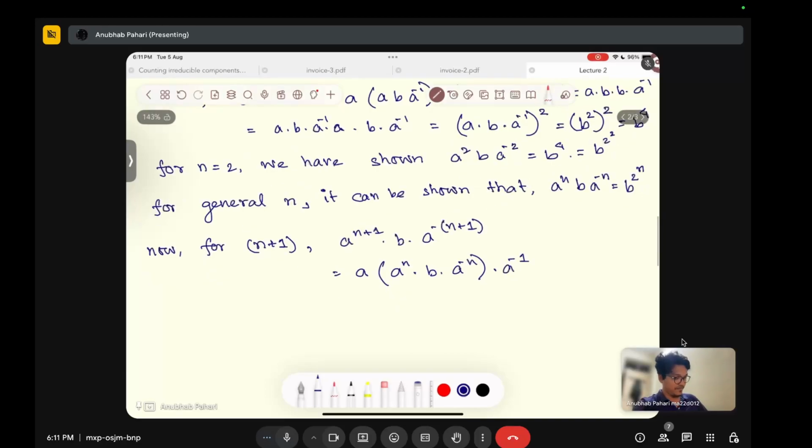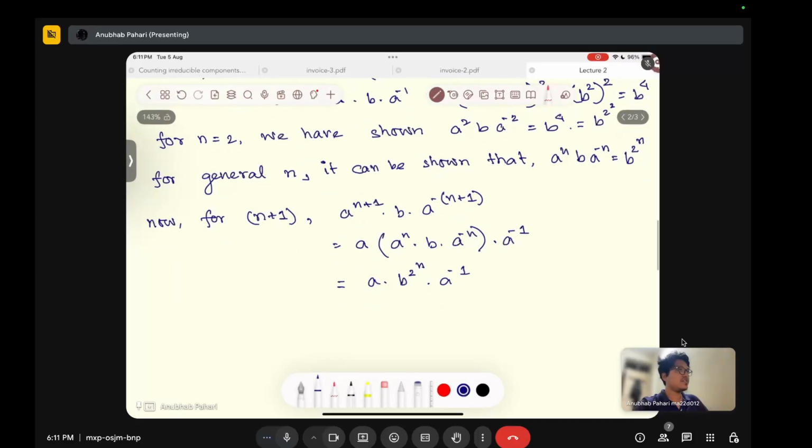Now from induction, for the nth case we can replace this by b to the power 2 to the power n, a inverse.